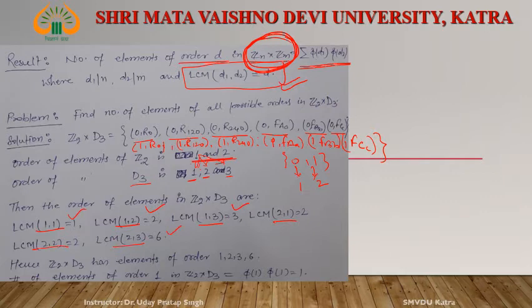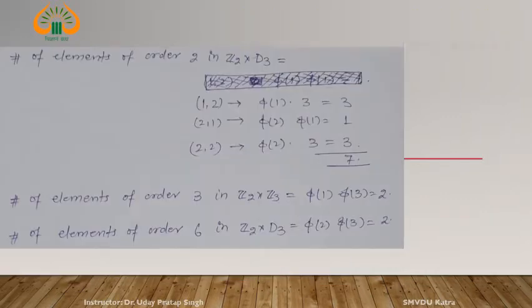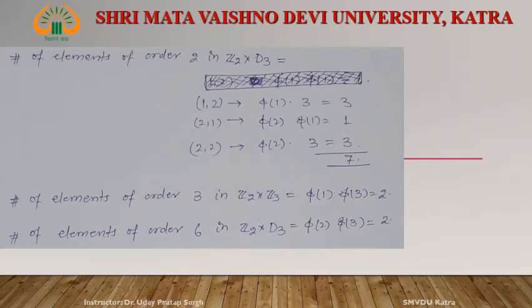How many elements of order 1 in Z2 cross D3? 1 element. How many elements of order 2 in Z2 cross D3? See, LCM of 1 2 is 2, LCM of 2 1 is 2, and LCM of 2 2 is 2. Right? For the pair 1 and 2: phi 1 in Z2, and how many elements of order 2 in D3? 3 elements, all reflection operations. So phi 1 times 3 is 3.